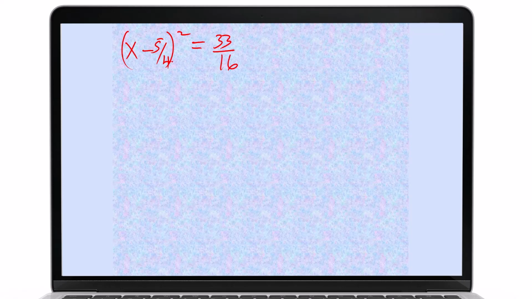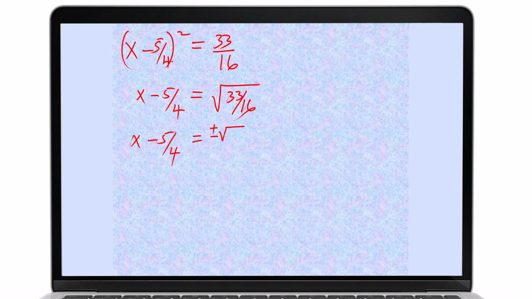So once we've done that, remember we are solving for x. Now we have x minus 5 over 4 squared. So we get the square root of both sides. When you get the square root of x minus 5 over 4 squared, you get x minus 5 over 4. And then you get the square root of 33 over 16. So this will give x minus 5 over 4 is equals to, the square root of 33 will either give plus or minus, then the square root of 16 will get it as 4.